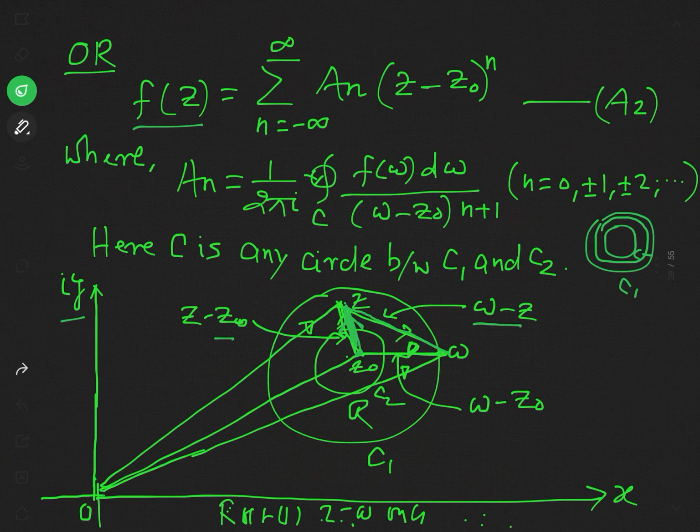But if we want to find the length, or you can say radius of circle C1, what will be that? That will be modulus of W minus Z0. And from figure you can see this modulus of W minus Z0, which is actually the radius of circle C1, will be greater than the modulus of Z minus Z0.